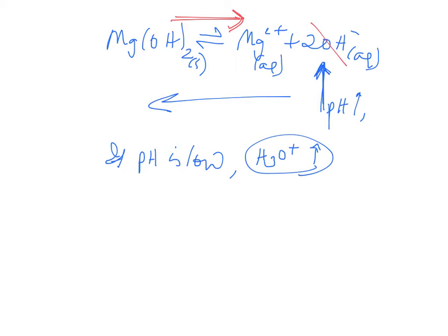So in your bottle of milk of magnesia, you might see some solid, some precipitate, but as you drink it, for the acidity, essentially it works because the forward equilibrium is then more predominant, which generates the OH-.